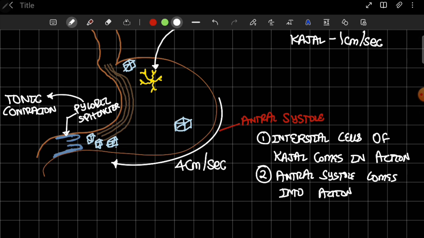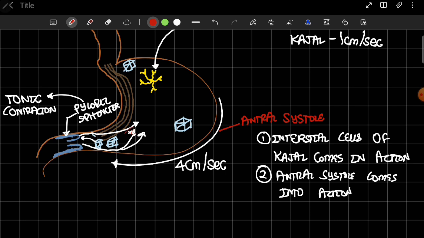So when our paneer tries to go into the duodenum region, the pyloric sphincter guards it, so it will throw the food back in the stomach. The pyloric sphincter, due to its tonic contraction, will throw the food back in the stomach.